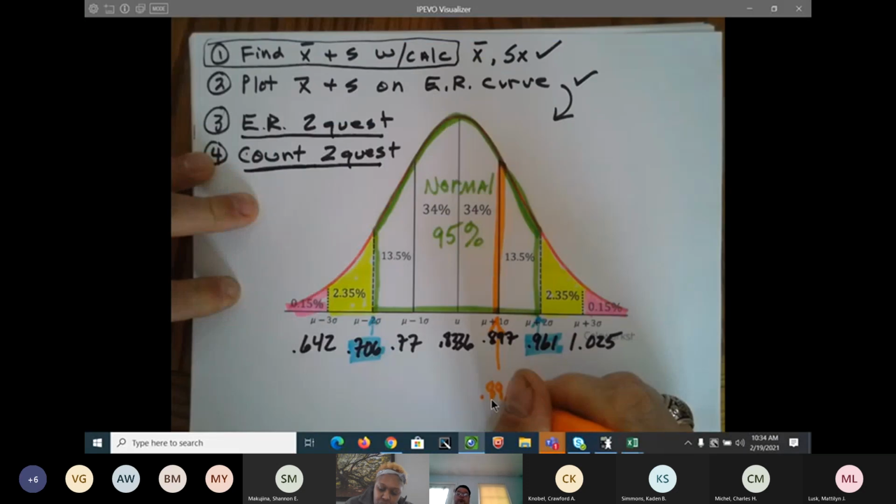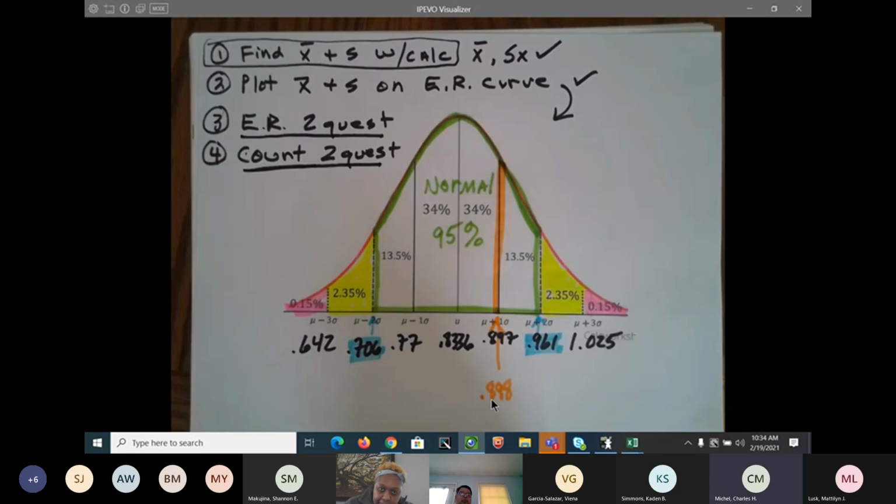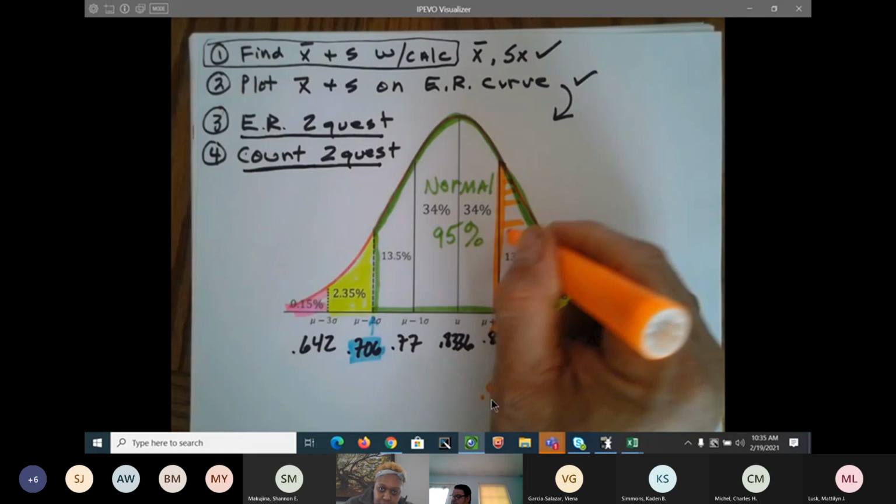Where is more? Is more on the right or on the left? It's on the right. All right. Everything on the right. There you go. So somebody add up those 3 percentages and you're going to get 16%. That's how you do the empirical rule.